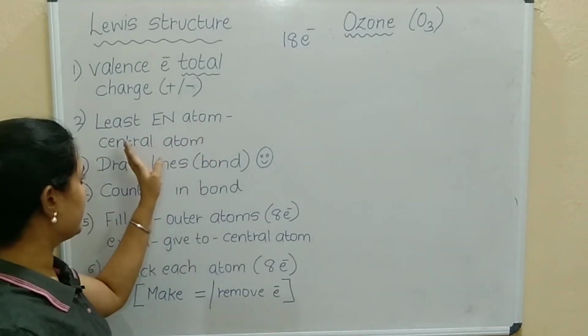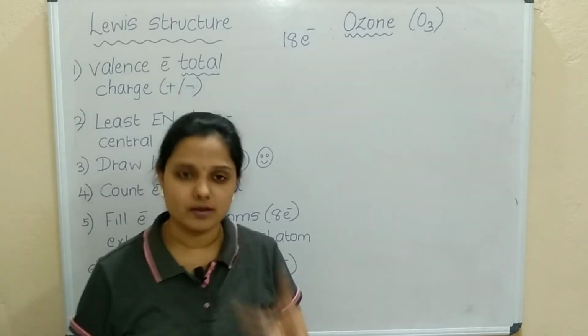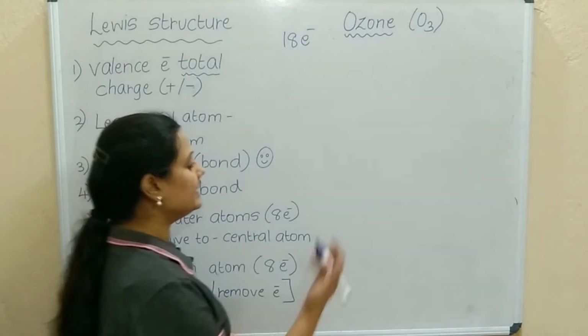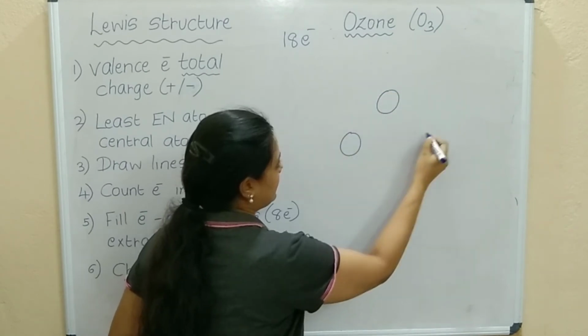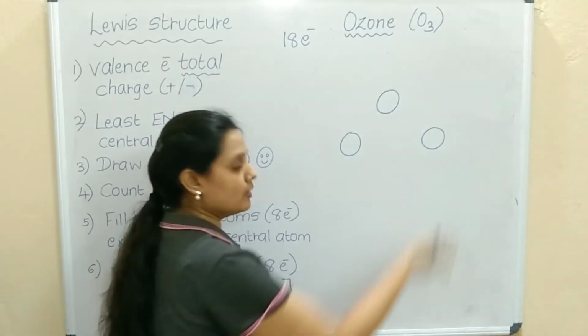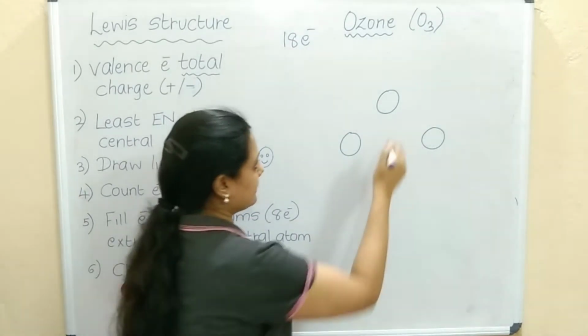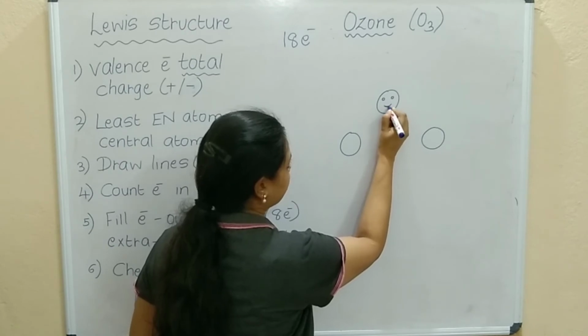The least electronegative atom goes in the center. Here all the atoms are oxygen, so we need not check electronegativity. We write it as three O's and take any one oxygen as the central atom. Suppose I take this one.